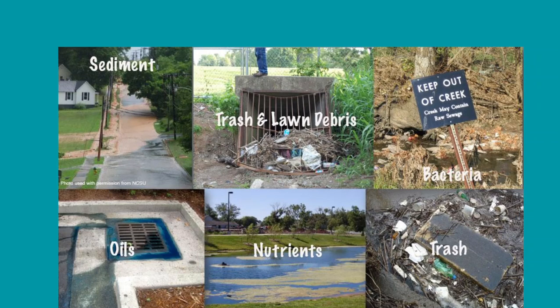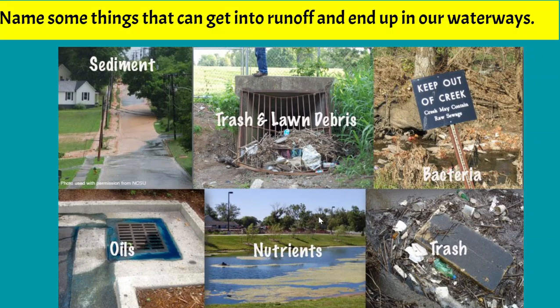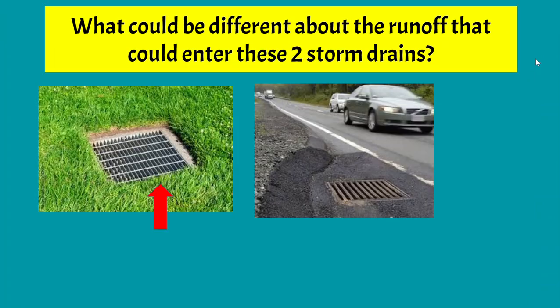And then again, just general trash and litter, receipts and things that have blown out of cars, or if people littered and left a trash bag, a McDonald's bag, that kind of stuff can get caught up in the water as well. So those are things that can get into your water runoff, and they can end up in the waterways.